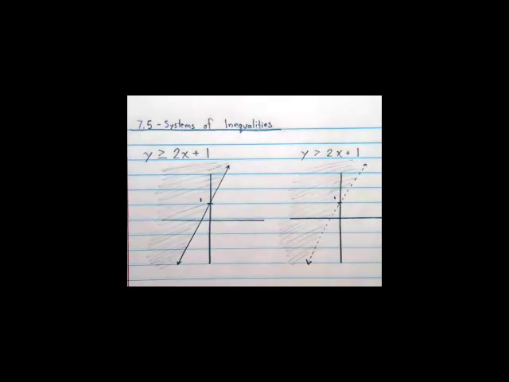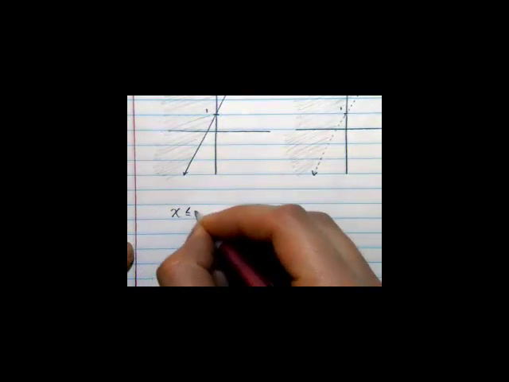There are some special kinds of lines, horizontal and vertical lines, that I wanted to make sure we were clear about as well. So what if I had an inequality like that, x less than or equal to 2? How would I shade that region?